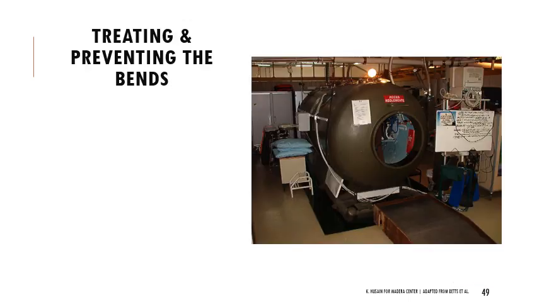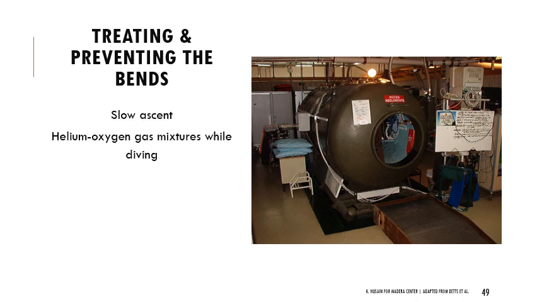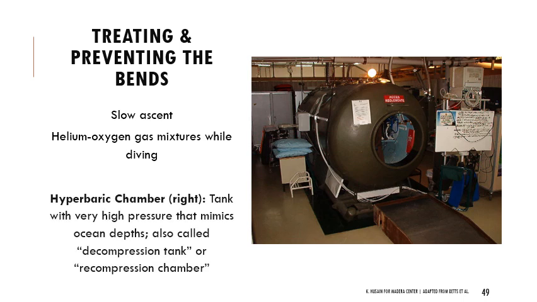So if you want to treat and prevent the bends, then you can go through a very slow ascent. So you can give your body time to get rid of that nitrogen through your lungs. You can also use a helium-oxygen gas mixture instead of a nitrogen-oxygen gas mixture while diving, or you can use this hyperbaric chamber, which is pictured at the right.